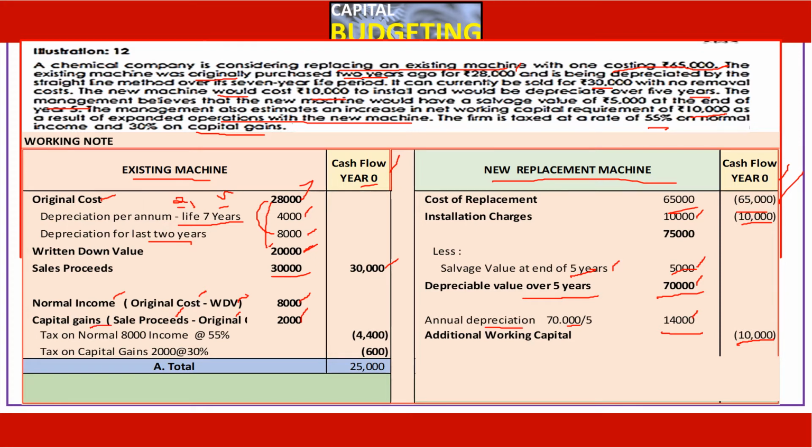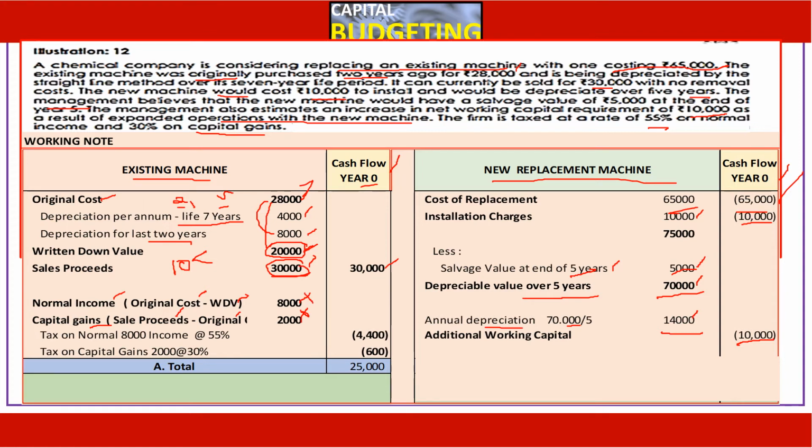To repeat once again, an asset whose book value of 20,000 has been sold for 30,000. Therefore, there is a net profit of 10,000. It is split into two. Sale proceeds in excess of original cost is capital gain: sale proceeds 30, original cost 28, therefore 2 is capital gain. And original cost minus WDV is the normal income.